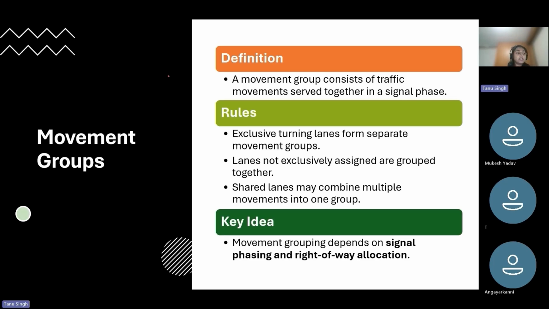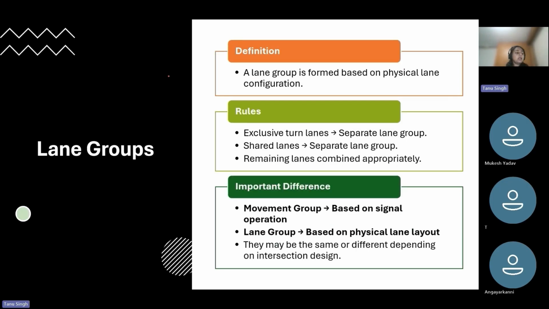The important thing to understand is that movement grouping depends upon how the signal phase is designed, that is, which movements receive right of way together. So whatever movements of the vehicles are allowed together in one phase come as the movement group, whereas the lane group is based upon the physical lane configuration, not the signal phase.